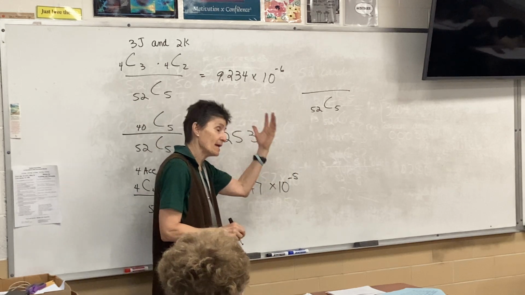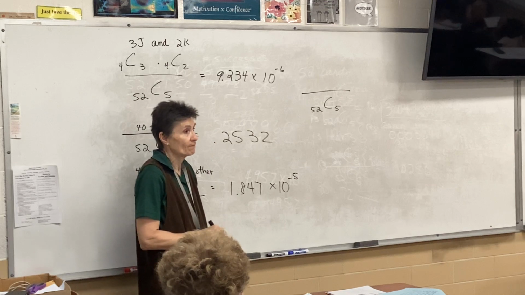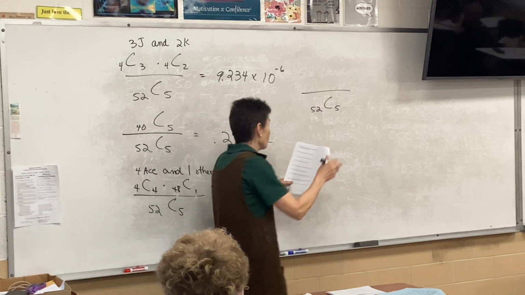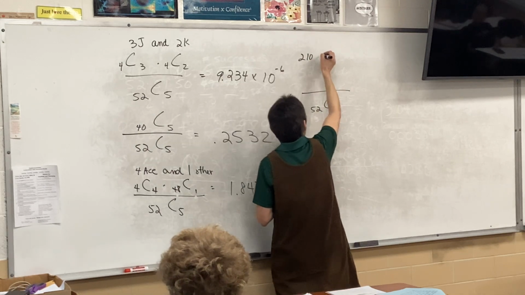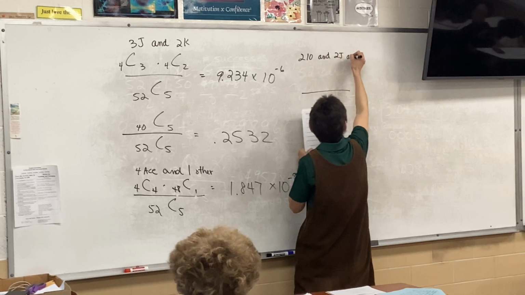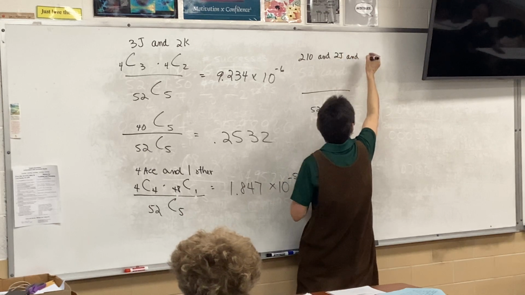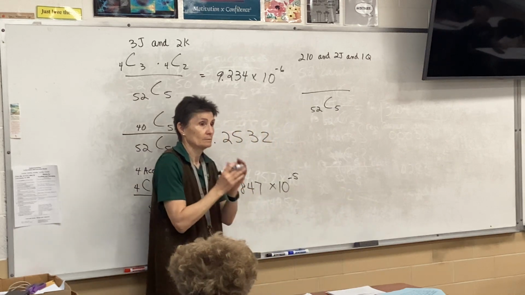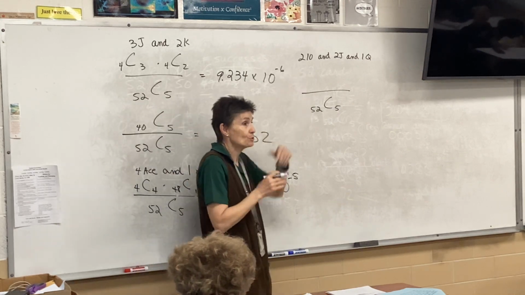Since it's a 5-card hand, my denominator is 52C5. All right, what's my numerator? I want 2 tens and 2 jacks and 1 queen. All right, any guesses about how we do 2 tens?